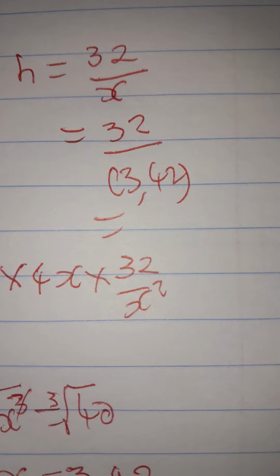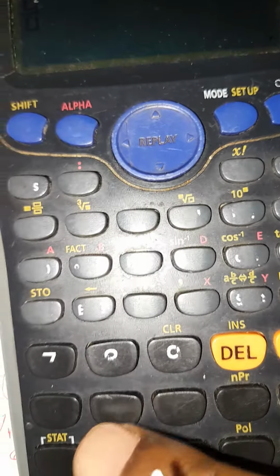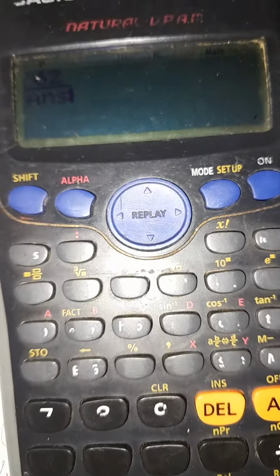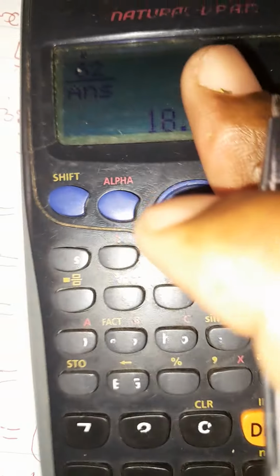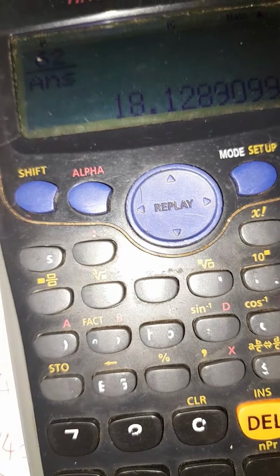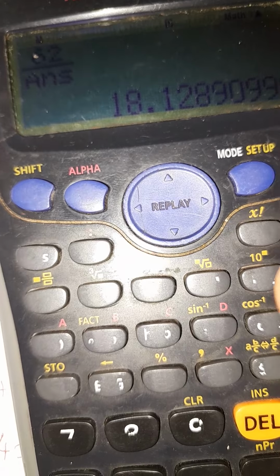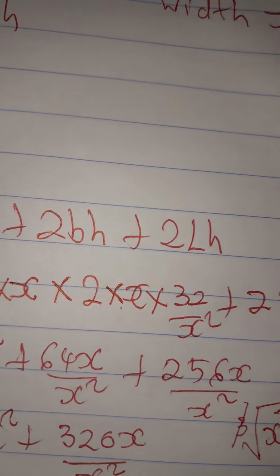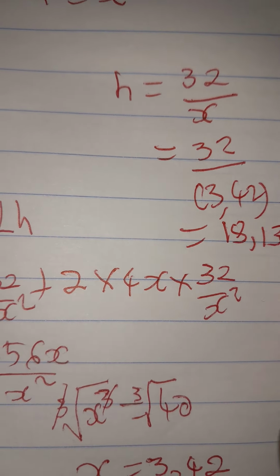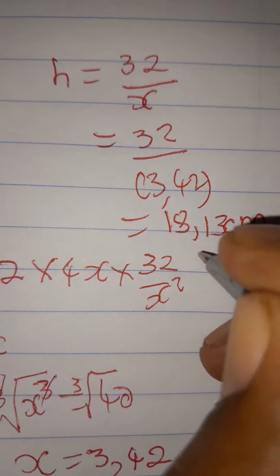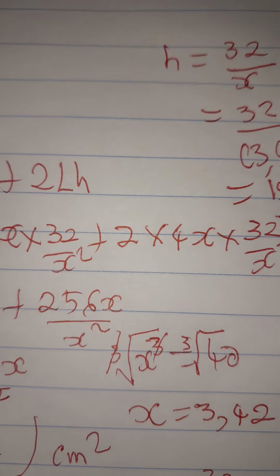Let's punch the calculator then. 32 divided by 3.42 squared. So in other words, we are going to have h as 18.13. Yes, h as 18.13 centimeter. So that's how we can work out question 9.